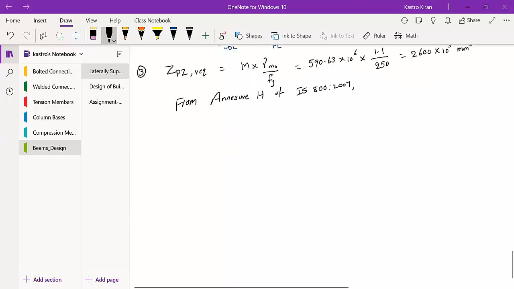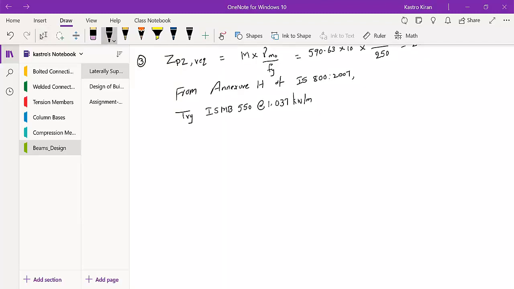I have solved this problem, so I'm directly writing the section which I have selected. From Annexure H of IS 800 2007, try ISMB 550 at the rate of 1.037 kilonewtons per meter. This section will be the appropriate section.